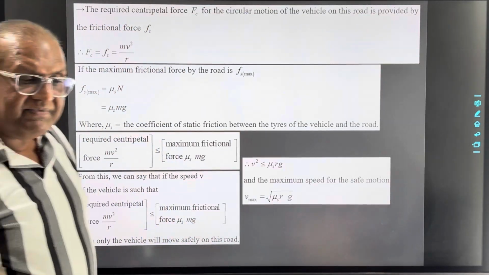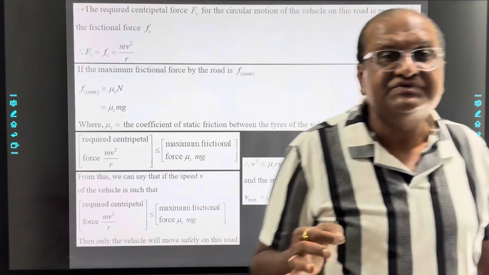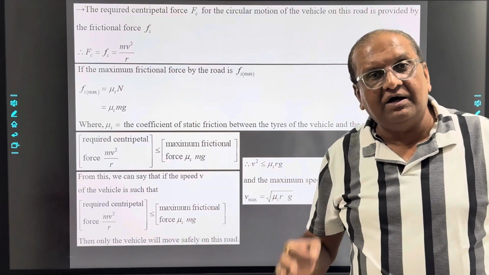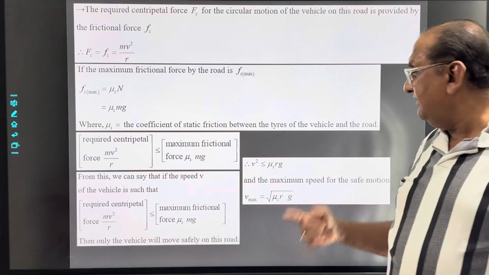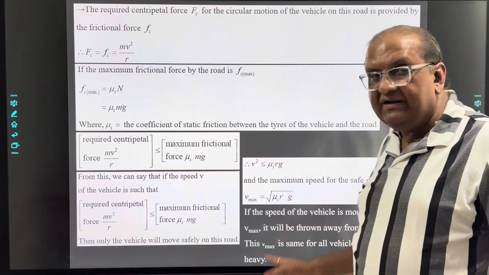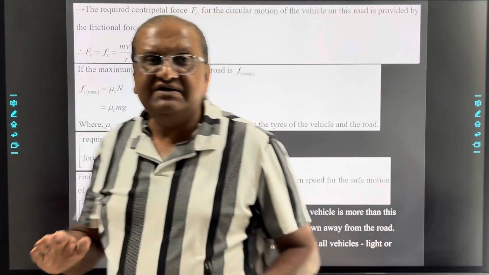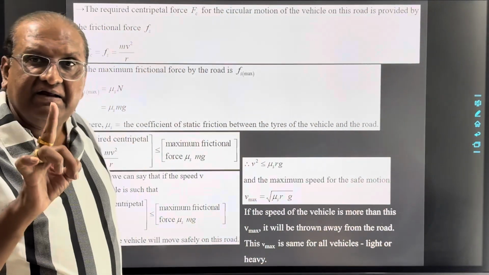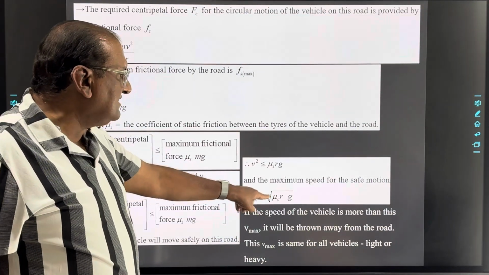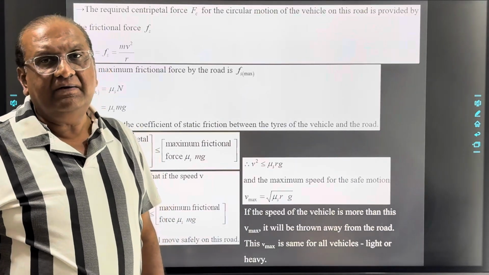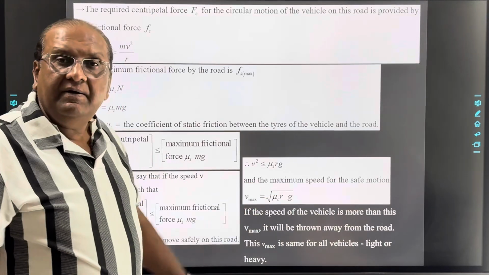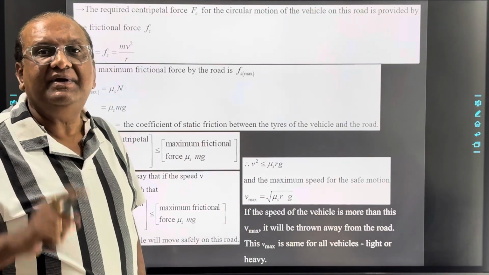And this v maximum is the maximum safe speed of the vehicle on that given curved road. If your velocity is greater than this one, then definitely the vehicle will slip off from the road. See here, a very important thing that you can observe in this equation of the maximum safe speed for the motion of the vehicle on the curved level road: the mass of the vehicle is not appearing.